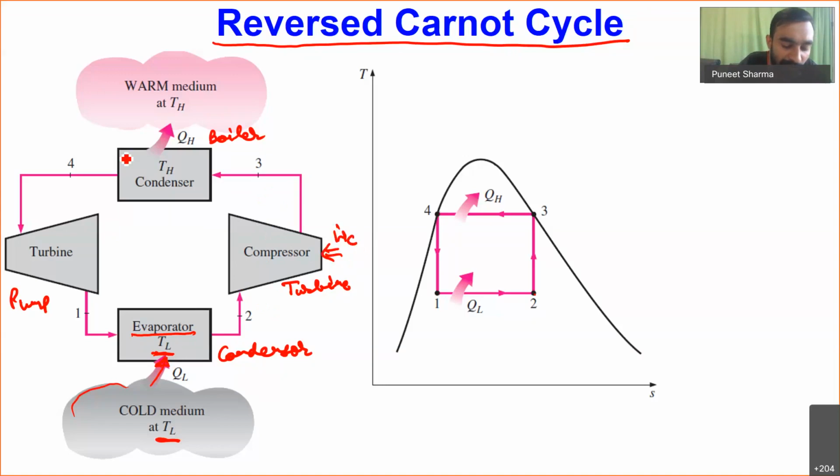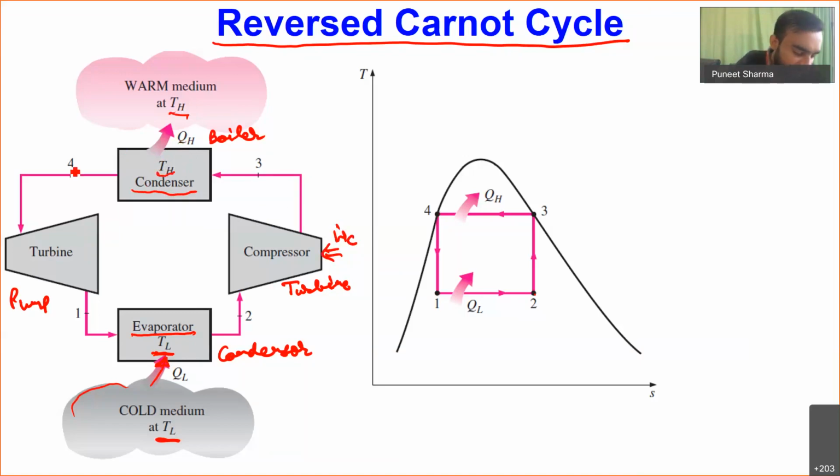Then we used to have a boiler at high pressure, in which we were adding a certain amount of heat. Now instead of the boiler we have to reject some heat, so we have a condenser over here, and QH amount of heat we are rejecting. Once again, the condenser and warm medium have the same temperature TH in order to have a completely reversible situation.